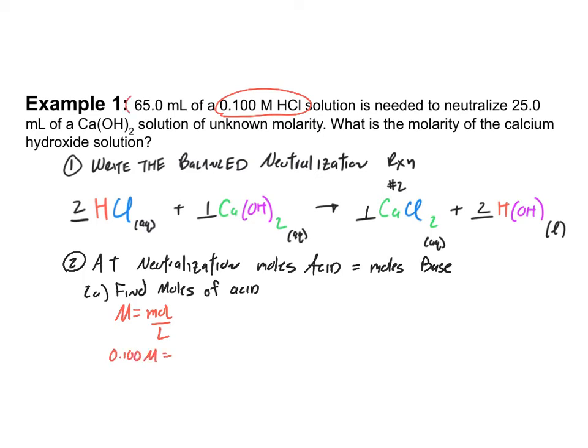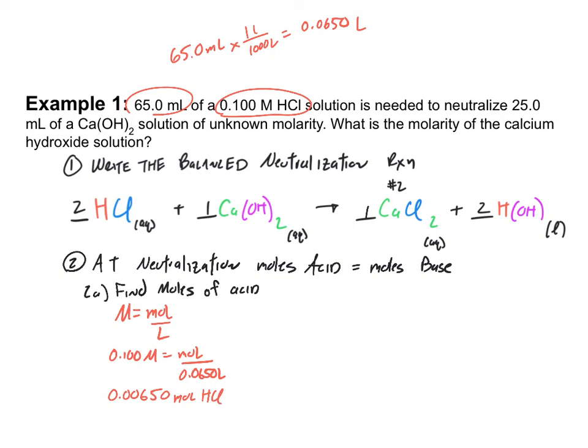And we know the volume is 65 milliliters, but we have to change that to liters. So 65 milliliters is 0.0650 liters. So I'm going to put that in here. And when I calculate this out, I take the 0.065 times 0.1, and I get the number of moles to be 0.00650, need to have 3 sig figs here, moles of HCl.